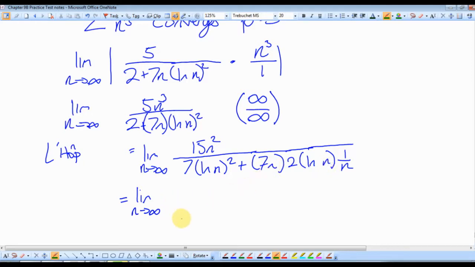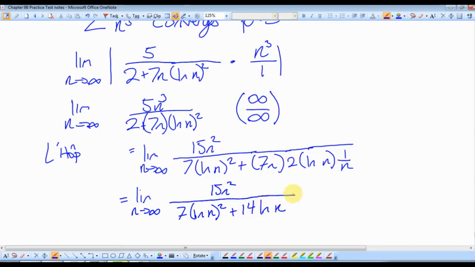Yes. So that's equal to 15n squared on top of an ugly expression: 7 times the natural log of n squared plus 14 times the natural log of n. Isn't it 14n? No, because we just canceled.